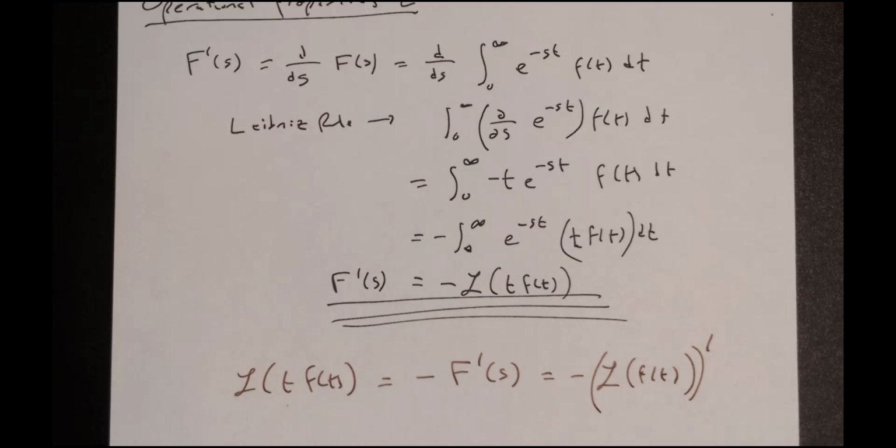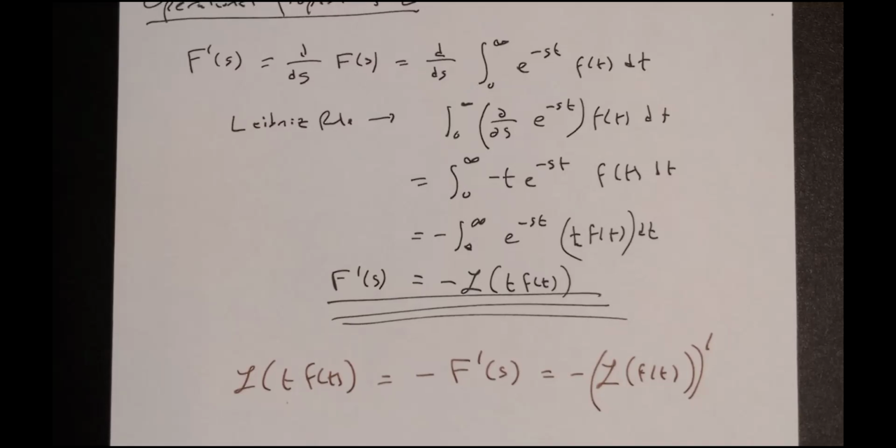Every time I get an extra t on the function inside, that's like taking a derivative. By the way, if I had a t squared in there, I'd write it as t times t f of t. And that extra t would tell me to do the derivative of the Laplace transform again.